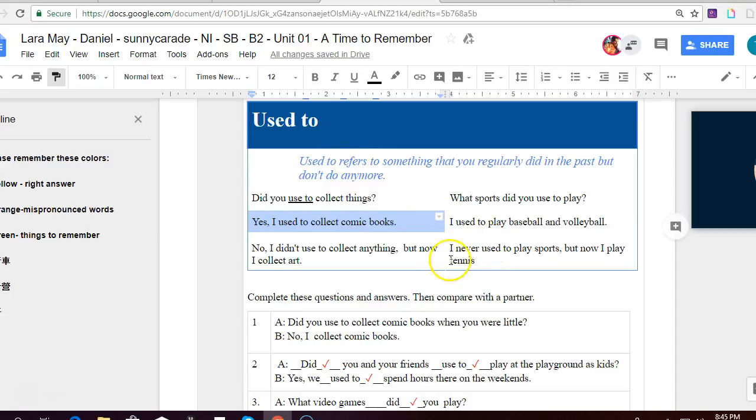Do you know what is comic books? Yes. Do you have comic books? Yes. Oh, okay. So before I ask something, can you please read first the last sentence here? I didn't collect anything, but now I collect art. So, are you collecting it, or you're just reading the comics books that you have?